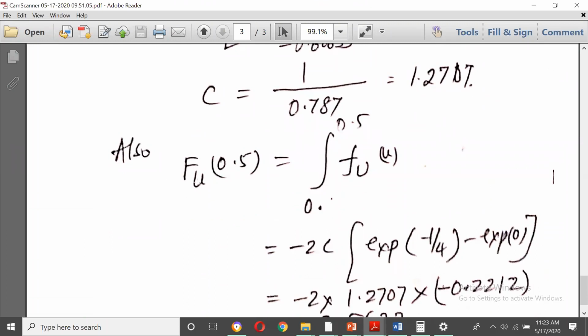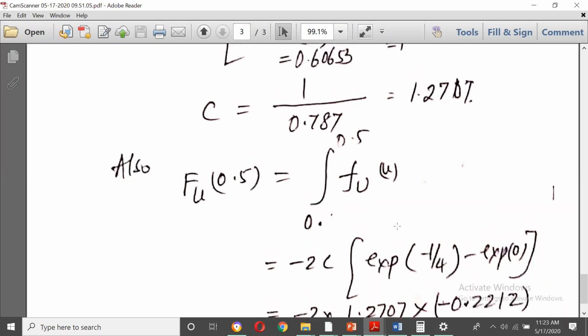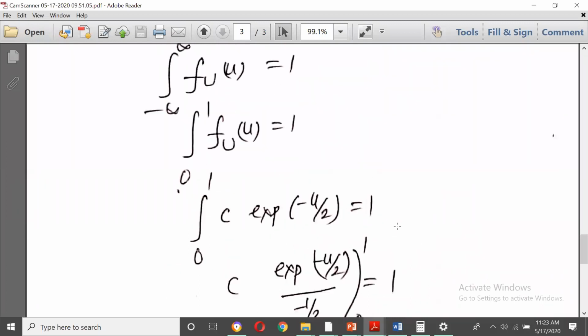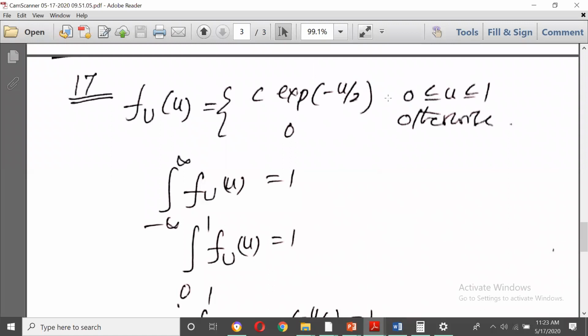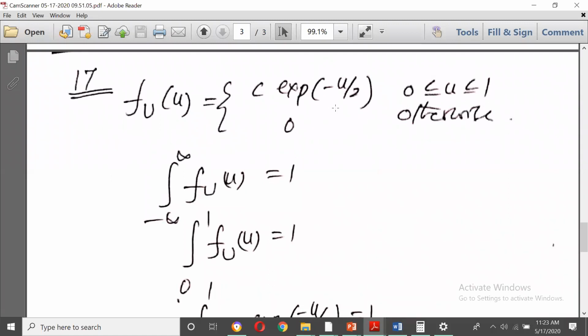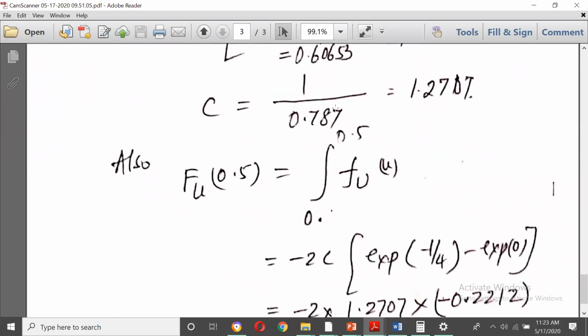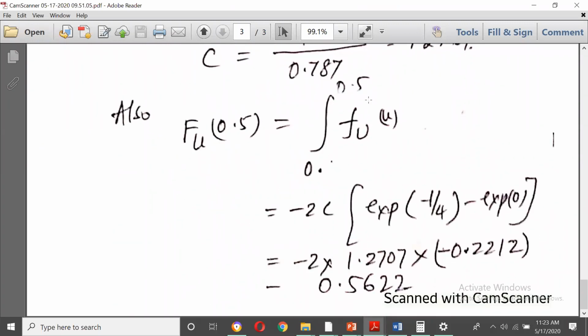Once having found that, then you need to write the expression for the probability of u less than 0.5. So that will be the integral from 0 to 0.5 of f(u), and that is minus 2c into exponential of minus u by 2. If you substitute 0.5, you will get minus 1 by 4 in the exponent, and minus exponential of 0.